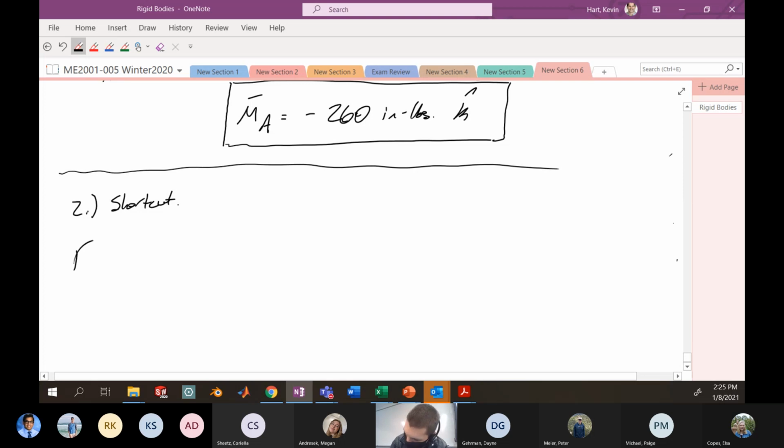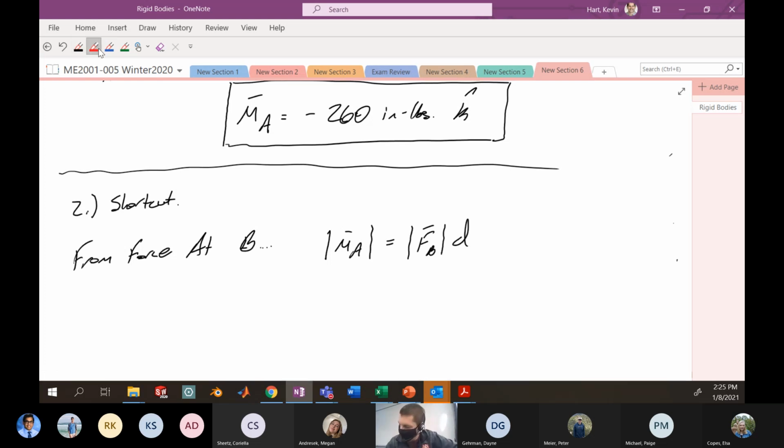Okay, so from force at B, the magnitude of our moment at A is the magnitude of the force at B multiplied by this variable d.